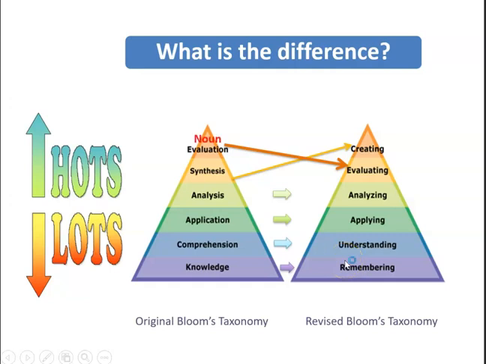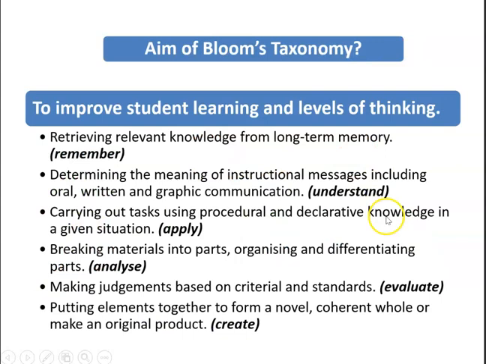That is the difference. Some were nouns according to Bloom, but according to Anderson and his team, they focus on doing words, which are verbs. So the aim of Bloom's taxonomy is to improve learning and levels of thinking.